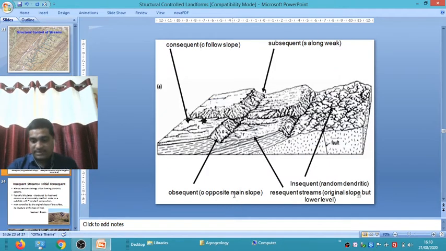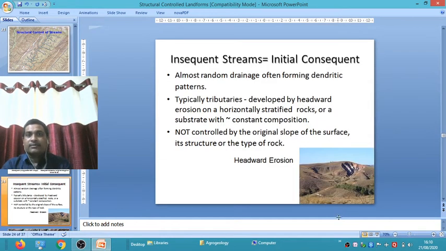Okay, we see one by one. This is the consequent, C, follows the slope, and this is the subsequent, S, along the weak plane. This is the obsequent, O, opposite to the main slope, and insequent means random, dendritic. Resequent stream: original slope but lower level. What is meant by insequent stream?